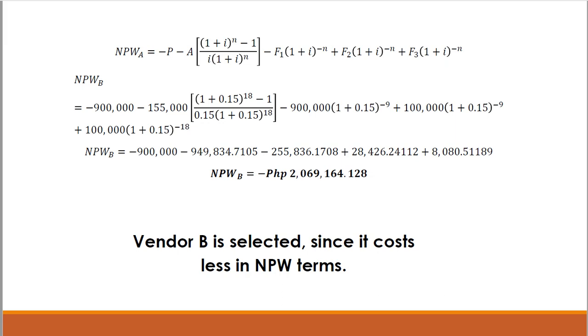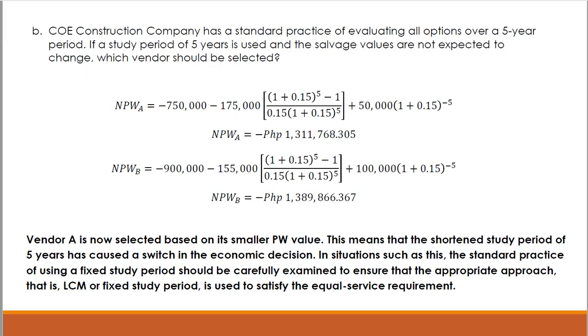Next is the study period approach. What if, for letter B, COE Construction Company has a standard practice of evaluating all options over a 5-year study period? 5 years lang. Okay?